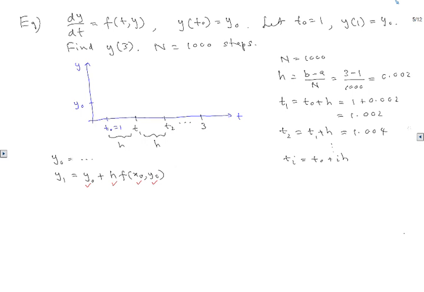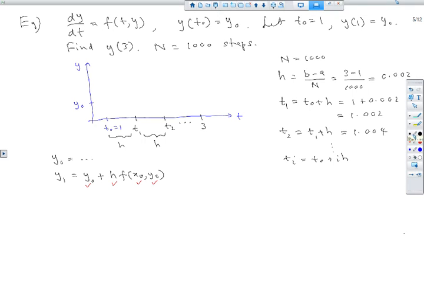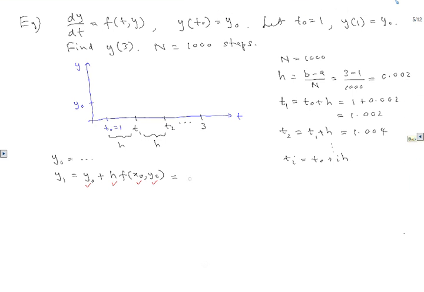So if you substitute a little further, you can see y naught we know, and the h we know it is 0.002, and then we can calculate this value because we know the slope field.